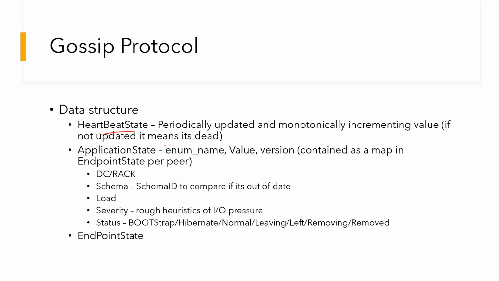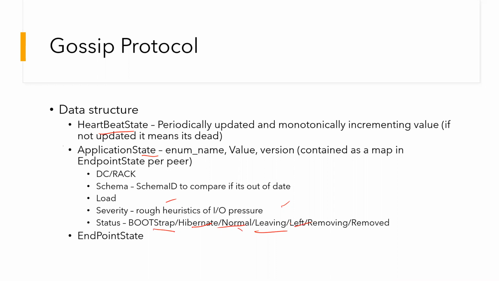And it also has an application state maintained underneath, which contains what the load is, the severity of any pressure it is receiving, and what state it is in. There are various states of a particular node: it is bootstrapping, or in hibernate mode, it's normal, or it is leaving, left or removed.